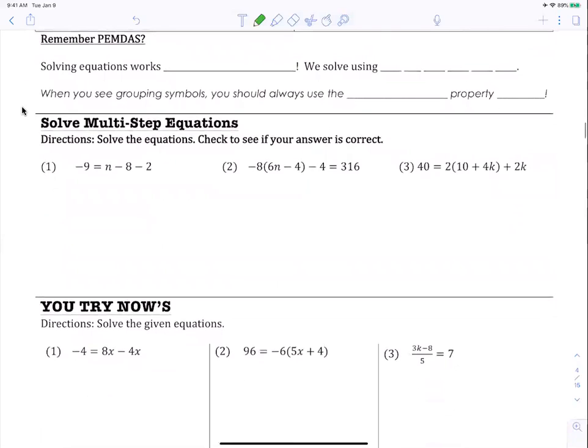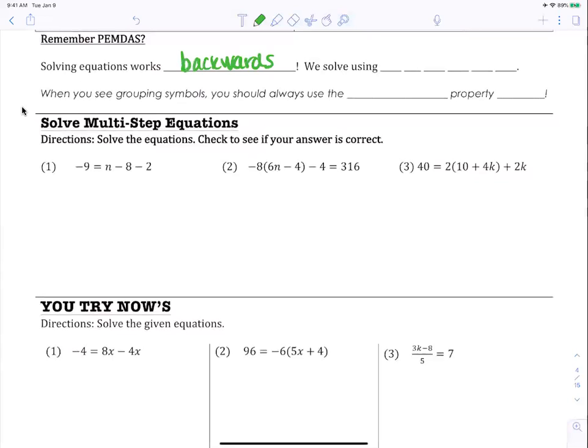If you're wondering, you're like, Ms. Hardy, I don't get what we do first or why. And it has to do with the fact that when you solve equations, because you're undoing what's happening to the variable, everything you're undoing has to be undone backwards from how we simplify. So think about it.